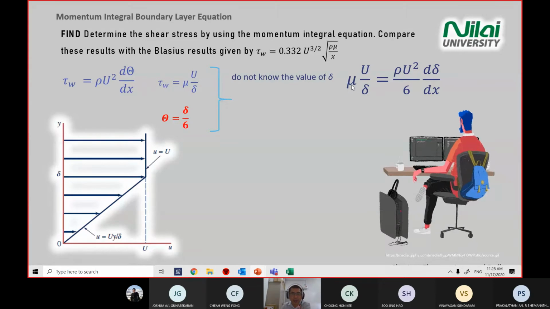That's why you see mu u divided by this one, and then equal mu u square divided by 6 d delta dx, because you put this one in, you get this one.